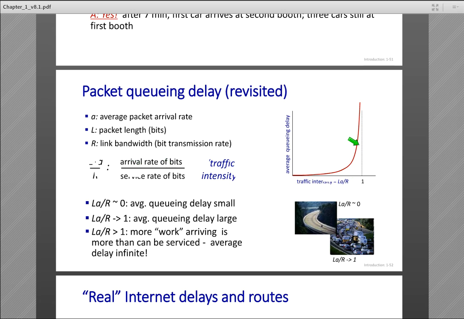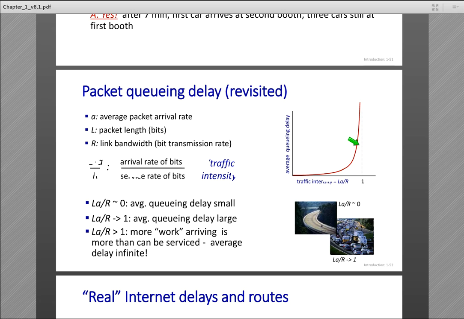So you can see here that the queuing delay will rise exponentially. We can sense this effect in our daily life.